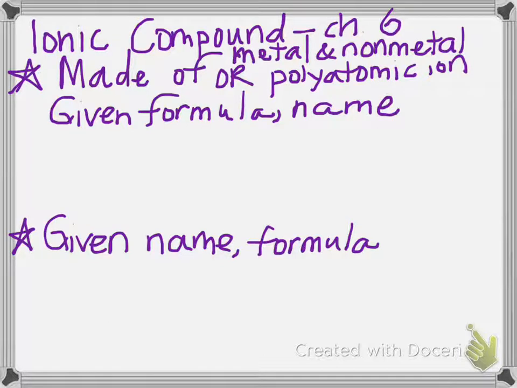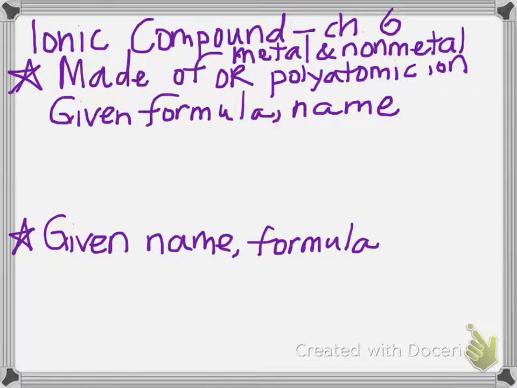Okay? So to know that a compound is an ionic compound, you're going to look for it to have a metal and a nonmetal, or it has a polyatomic ion in it. Again, remember that metals are to the left and below the heavy stair-step line on the periodic table. Nonmetals are to the right and above that heavy stair-step line.